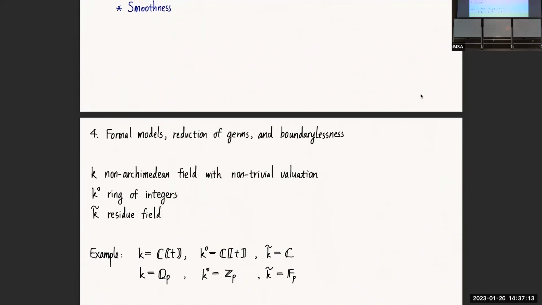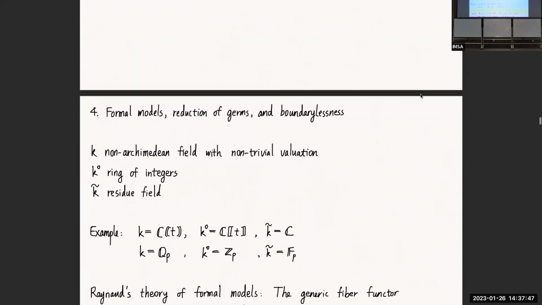For example, if K is the field of formal Laurent series, then the ring of integers is power series, and the residue field is just C. If K is the p-adic field, then K° is the p-adic integers and K~ is F_p. For our purpose, we can just focus on the first example, and extensions of this formal Laurent series field.